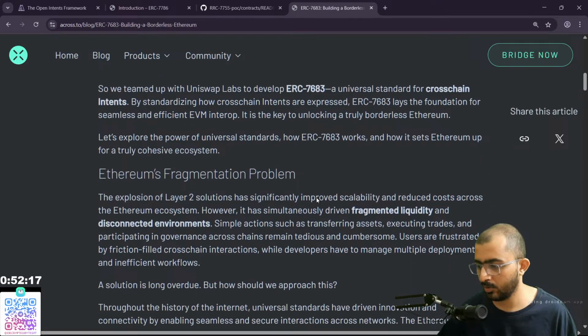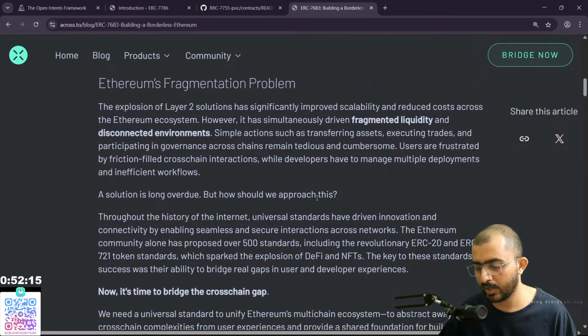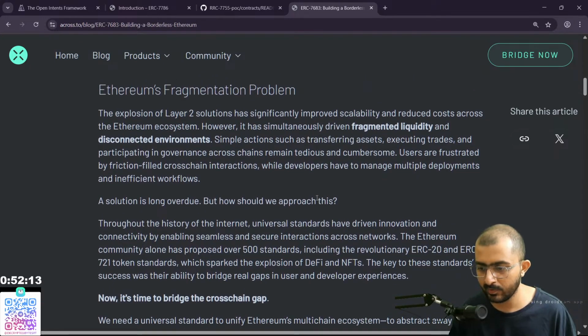Let's explore Ethereum's fragmentation problem. The explosion of layer 2 solutions has significantly improved scalability and reduced costs across the Ethereum ecosystem. However, it has simultaneously driven fragmented liquidity and disconnected environments.